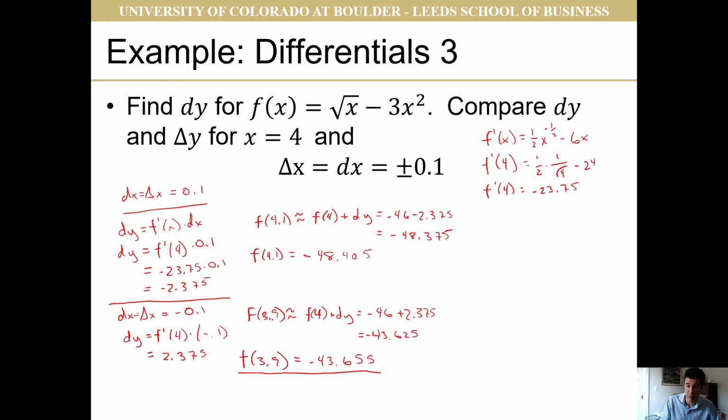Equally, f of 3.9 is approximately negative 43.625, and exactly, if we do it correctly, negative 43.655. So what we're doing is using derivatives to find ways to approximate functions, to see what the function is approximately equal to. We will use this concept over and over again in this course in lots and lots of examples.